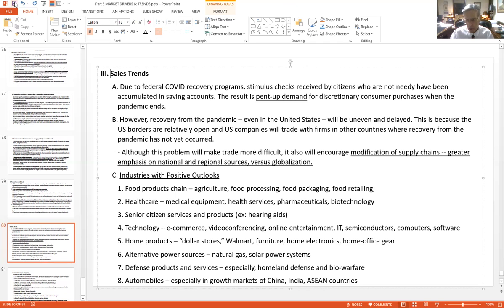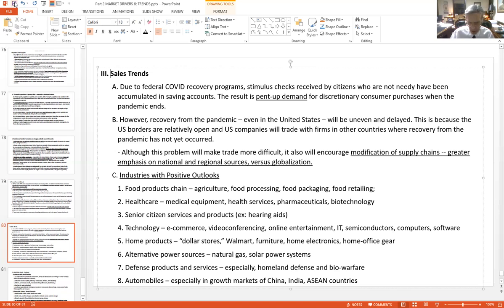Natural gas and solar power are going to, over time, replace some, but not all, of oil and gasoline. Eventually, we're going to even have cars powered by electric engines, right? And that will be especially the case in China, India, and Southeast Asian nations.